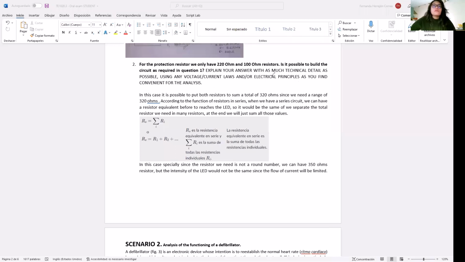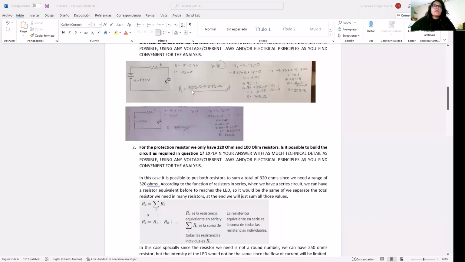For number two, we cannot use only the 320 ohms. Then we have a problem, because it is not enough for our LED in the mid-range of the voltage, but it can be used if we use my values that I had, from 305 to 345.